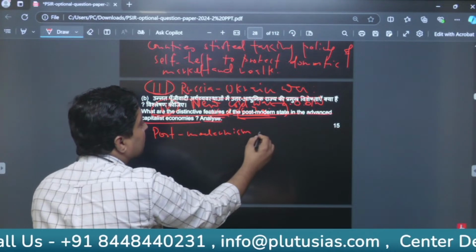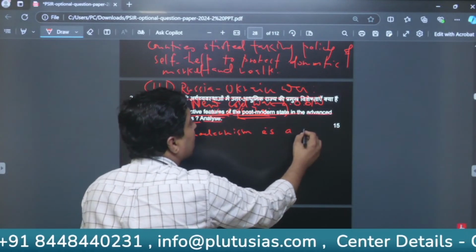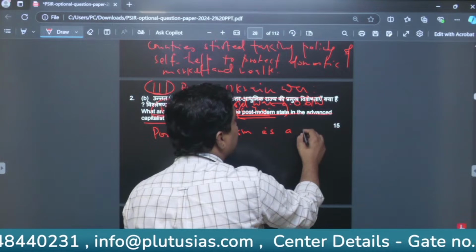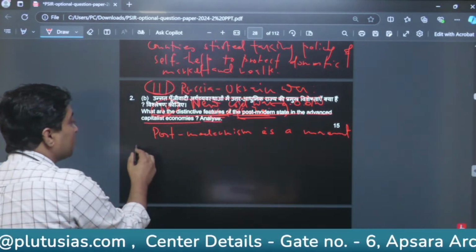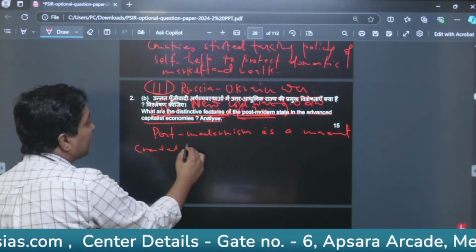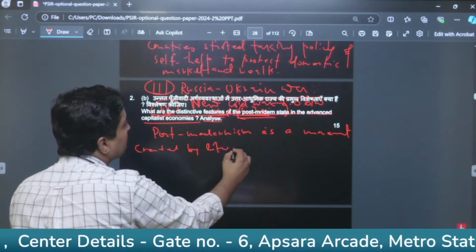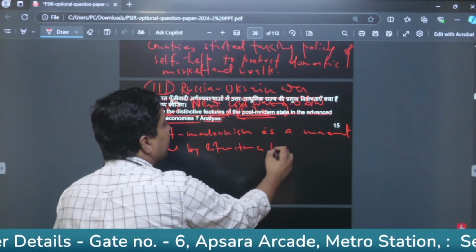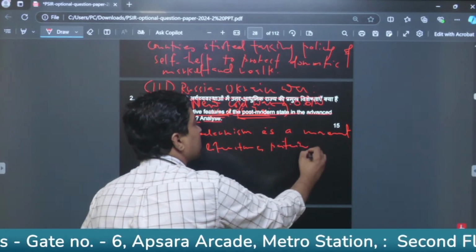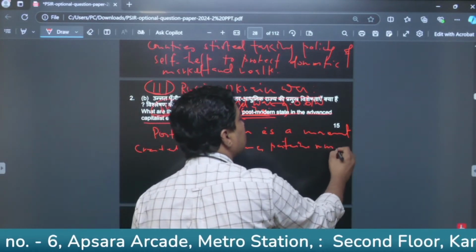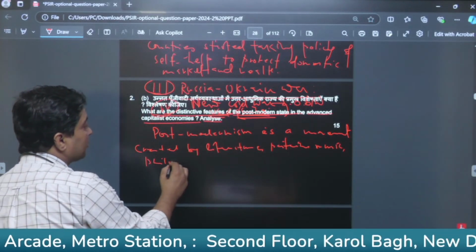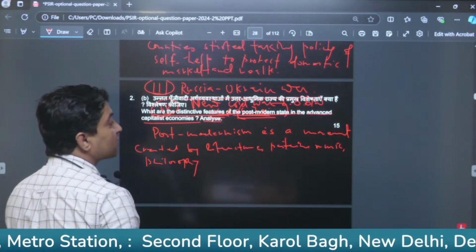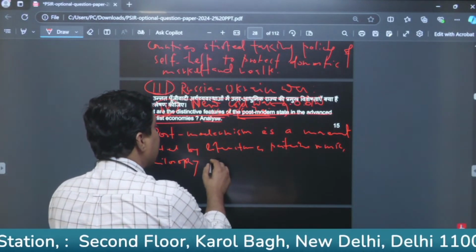Postmodernism is a movement created by literature, painting, music, philosophy, and art.